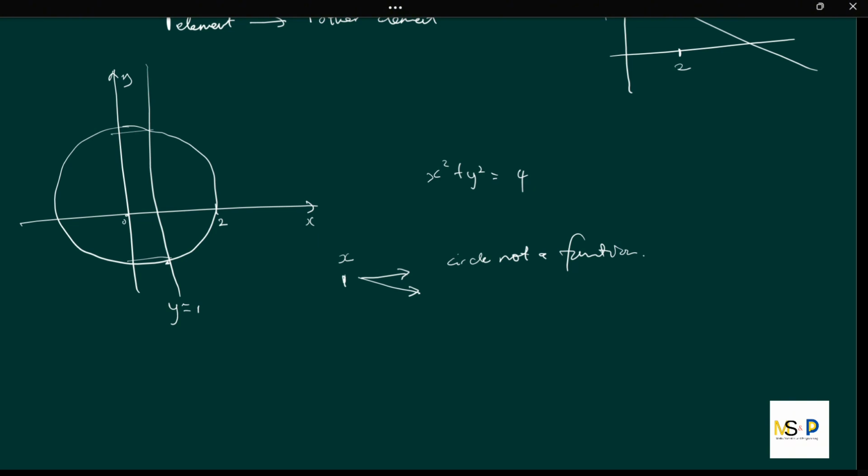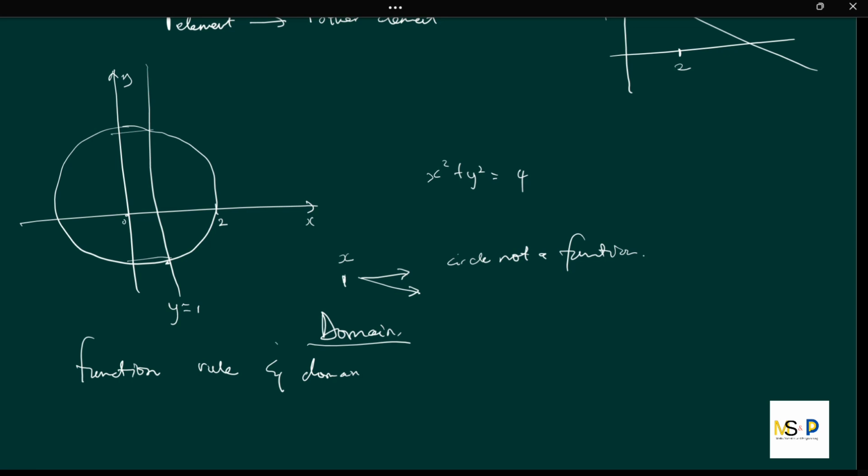Okay, so now after talking about functions, I wanted to look at how to determine the domain of a function. Remember that a function can only be a function if it has a rule and also a domain.